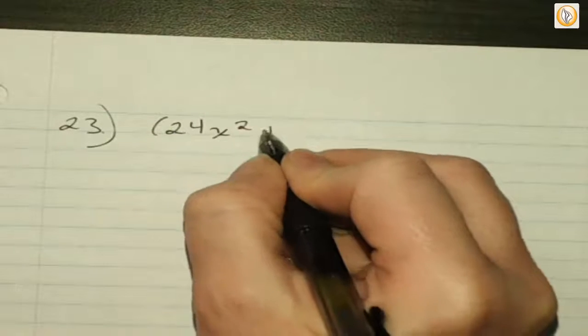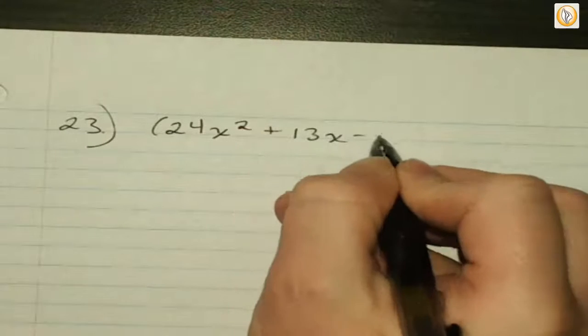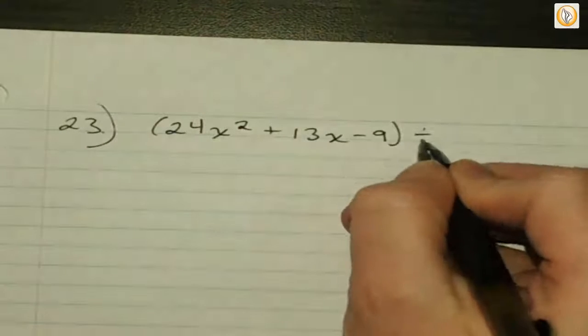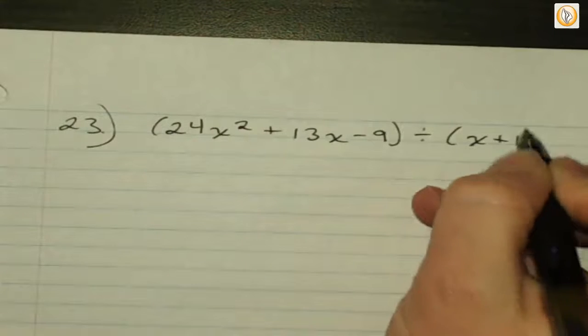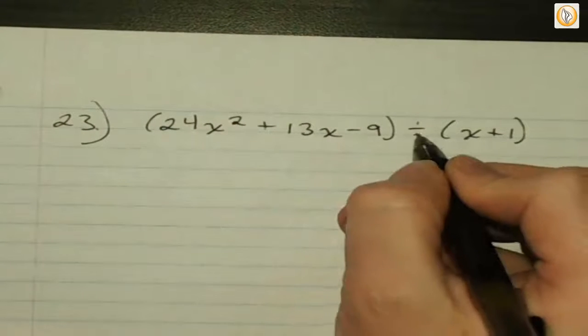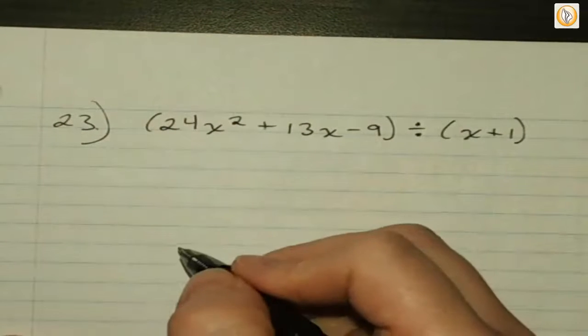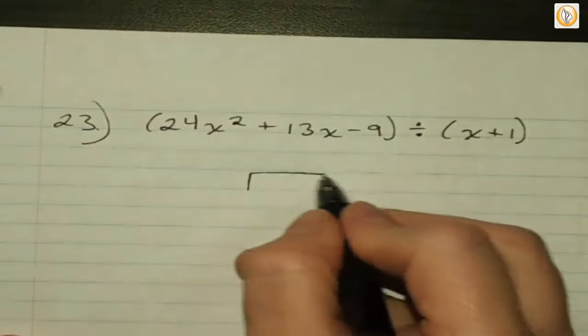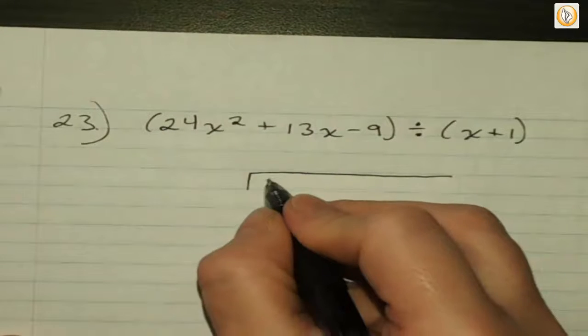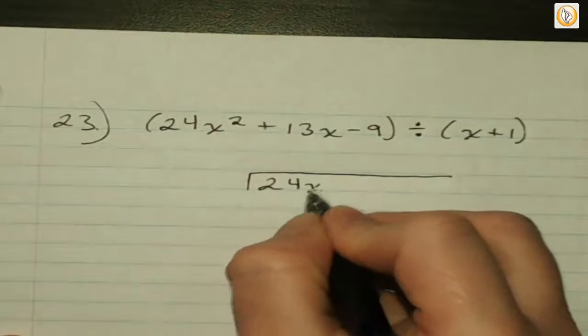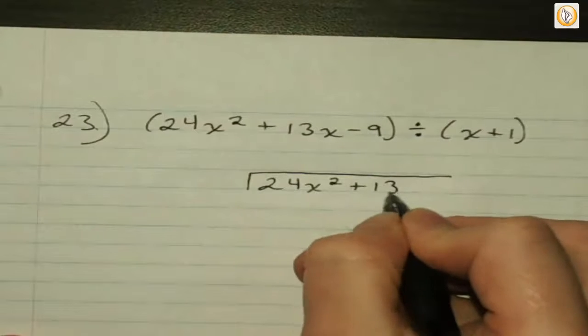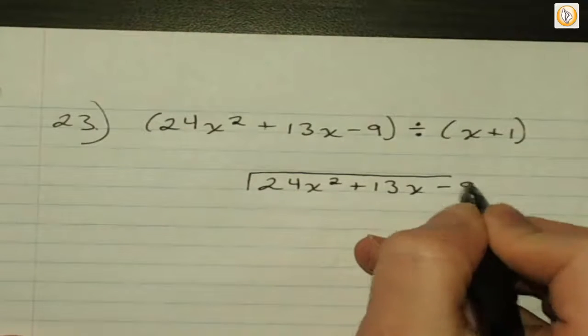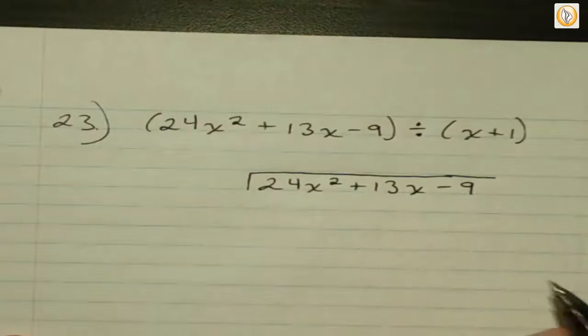24x squared plus 13x minus 9 divided by x plus 1. Okay. First, slow and steady, guys. If you try to rush this stuff, you know you're going to mess up. Nice and neat.